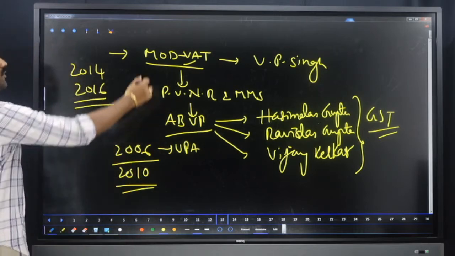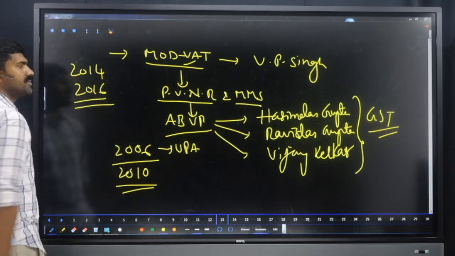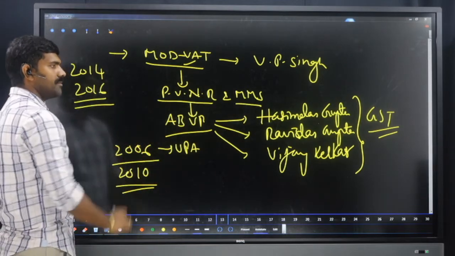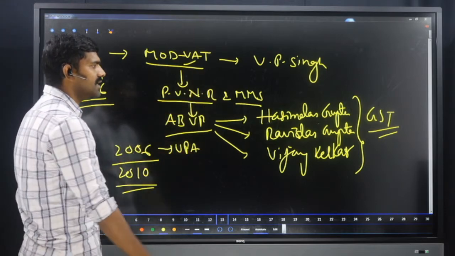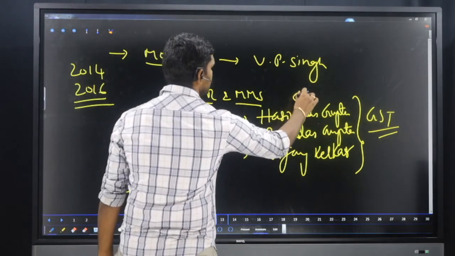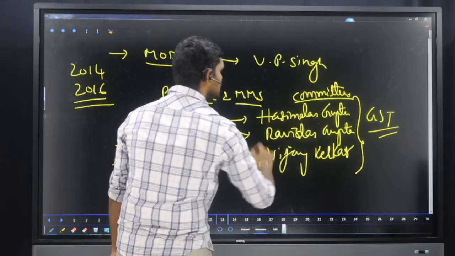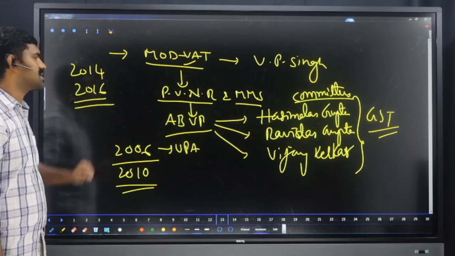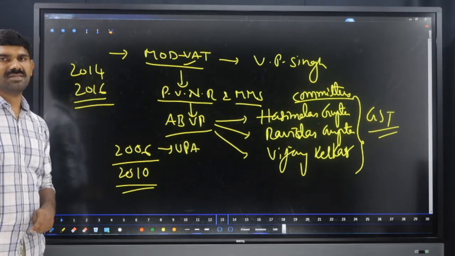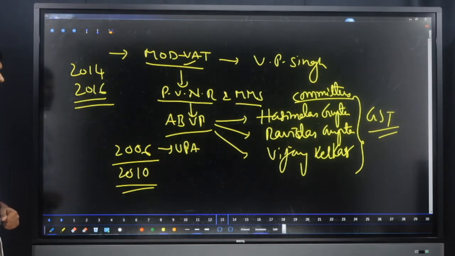The Prime Ministers involved were PV Narasimha Rao, Manmohan Singh, and Atal Bihari Vajpayee, not ABVP, it's Atal Bihari Vajpayee. Asim Dasgupta Committee, Vijay Kelkar Committee, these are the committees on GST. Questions are asked on this also. And finally, in 2016 they started the process of GST. Just make a note of this.